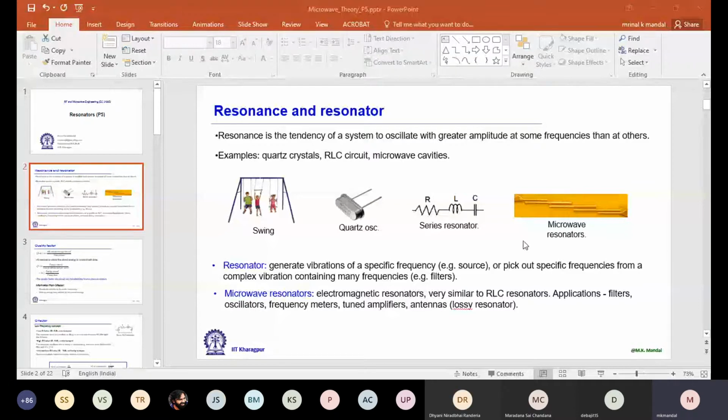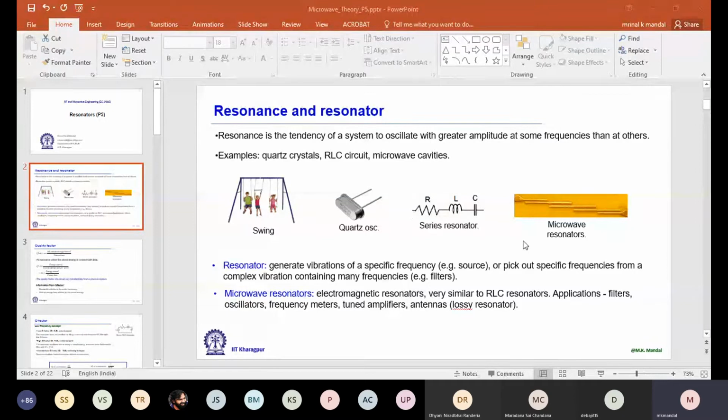So we have many applications at microwave frequencies, and then we have to learn how we characterize a resonator. Depending on the application, we can choose an appropriate resonator. For example, when we are designing a filter, we don't want any loss inside the resonator.